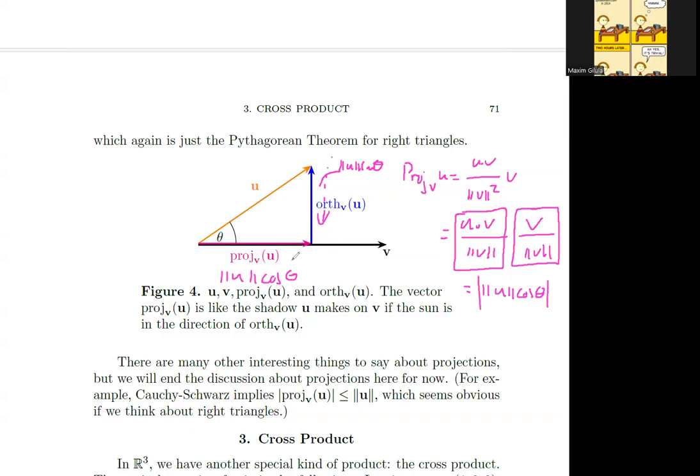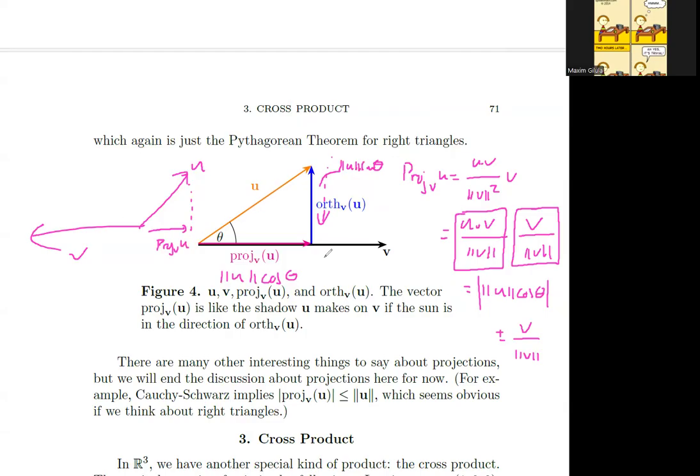Actually, it's absolute value in general because it could be pointing out there in case V is going out this way. But the magnitude is absolute value of magnitude U cosine theta, and the direction is plus or minus V over magnitude V, depending on which way U and V are pointing. If they're pointing in the same direction, like here, then it'll be plus, and if V is going out there, if the angle is greater than 90 degrees, we will take minus. So that's why we define projection this way. So even if you had V out here and U is here, the projection is still going to look like something on this side.